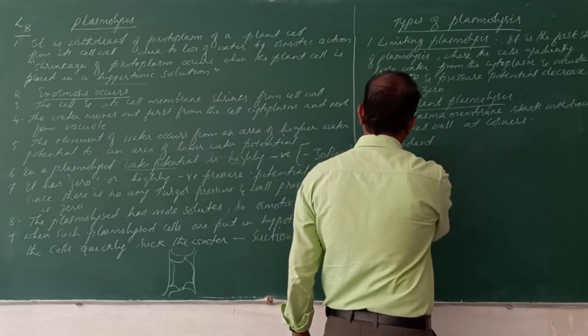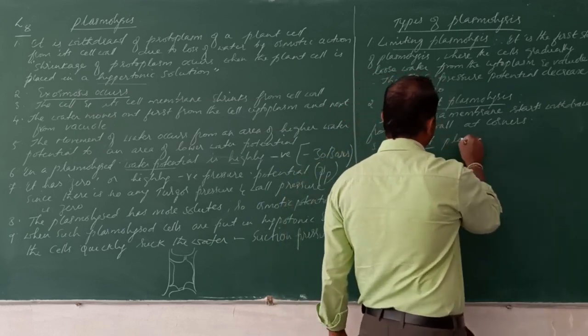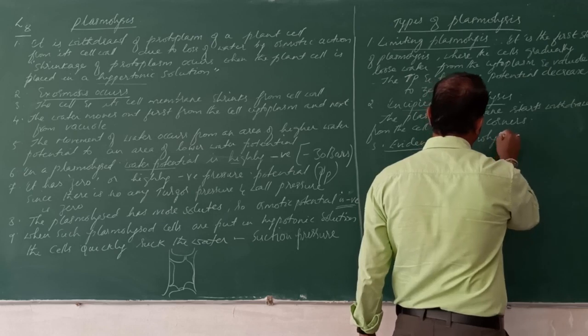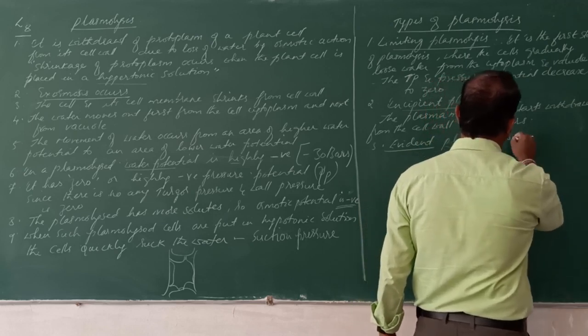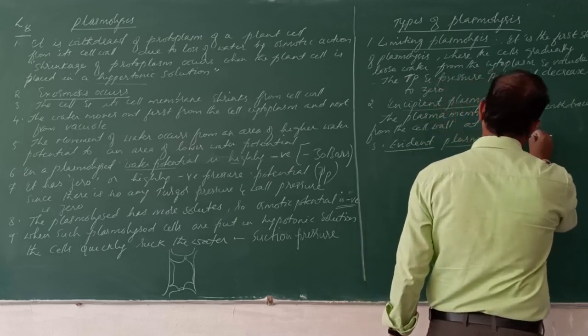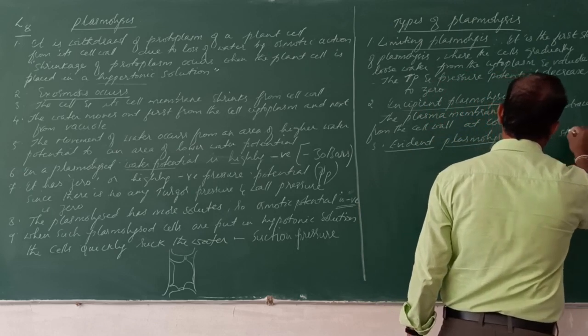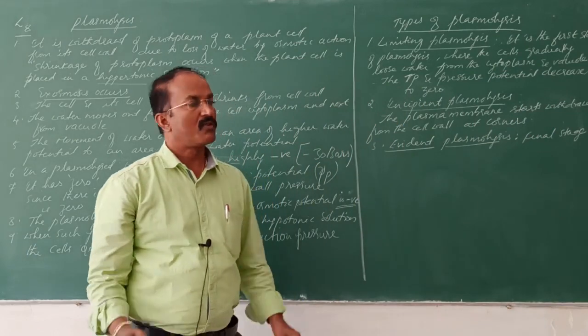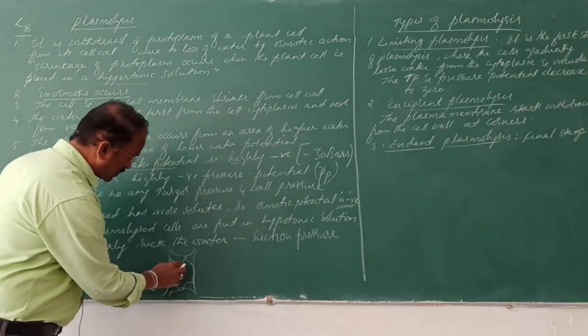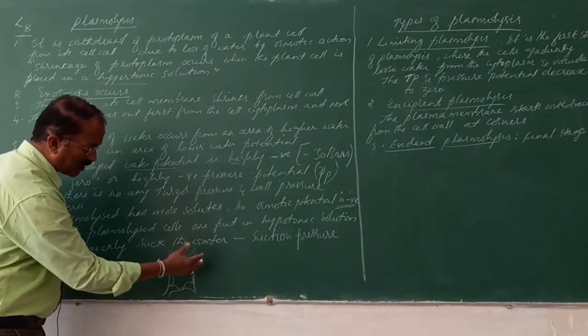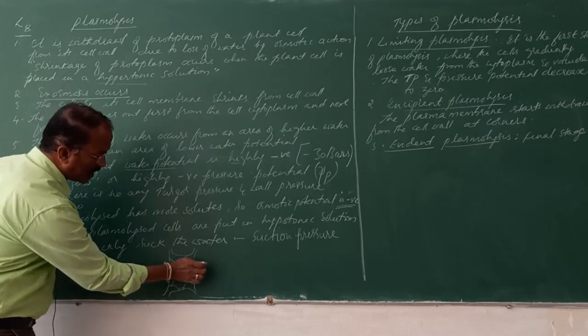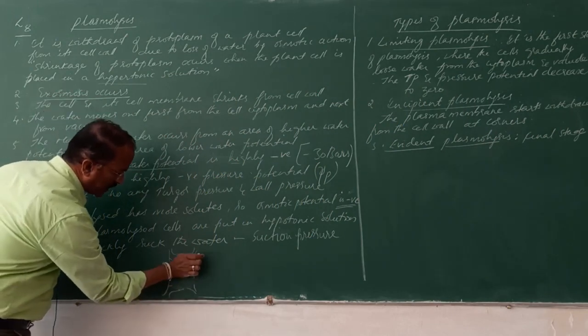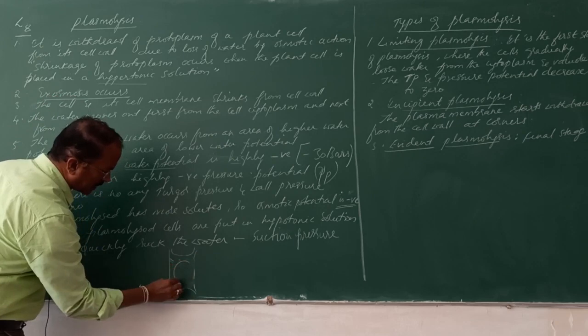When more and more water starts moving out, plasmolysis occurs. What is this stage? This stage is called the final stage. So the protoplasm shrinks from all sides. When incipient plasmolysis later moves into evident plasmolysis, the protoplasm starts shrinking and shrinking at all sides.